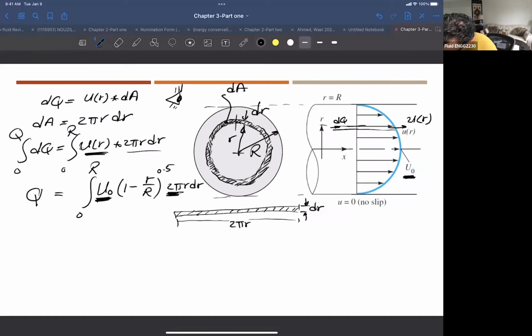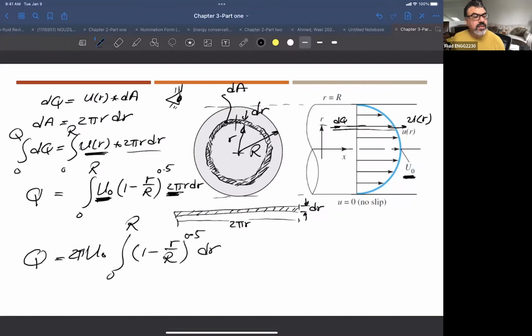So q here will be an integration of r. I forgot to put u naught out, and this is 2 pi u naught, and then 0 to R, and now I have r times 1 minus r over R to the power of 0.5, and this is dr. Now I can do the integration, because basically the integration is telling me to integrate this equation with respect to r, and of course it's a function of r.